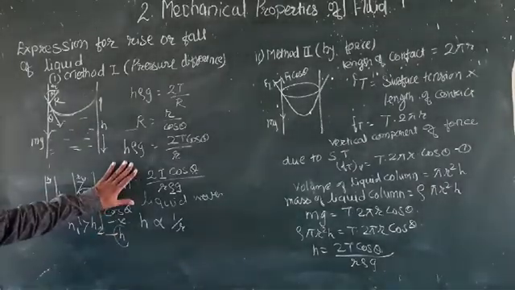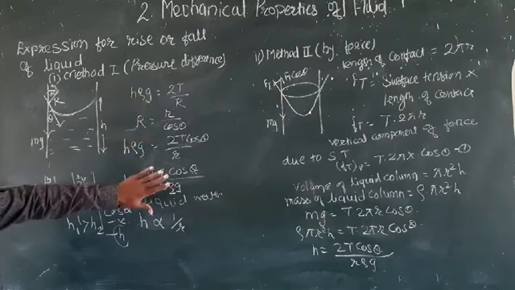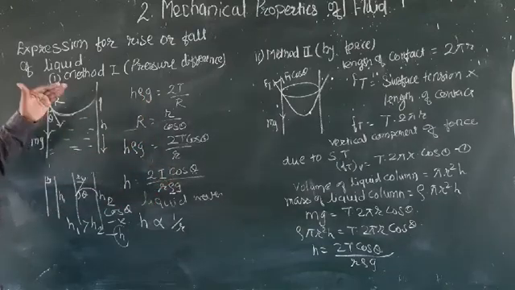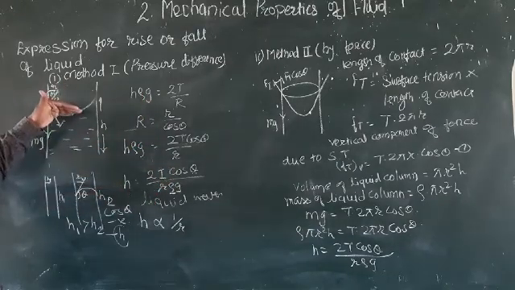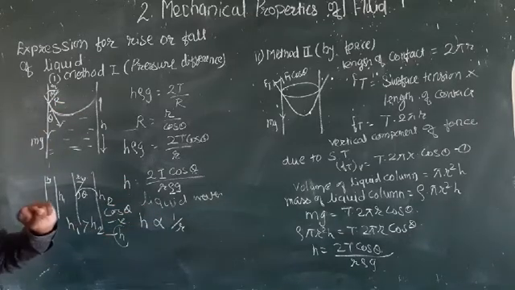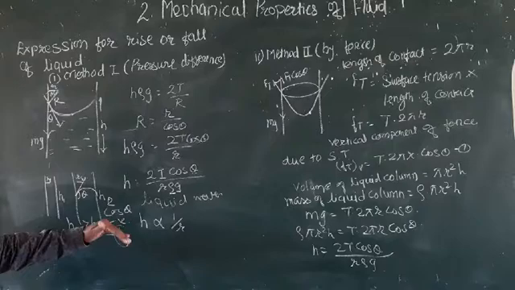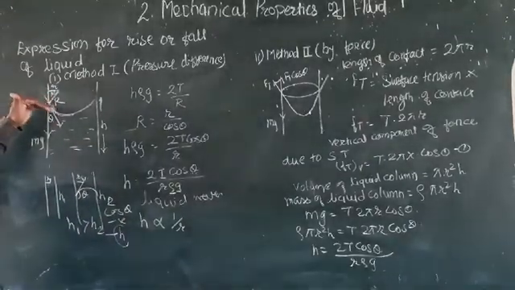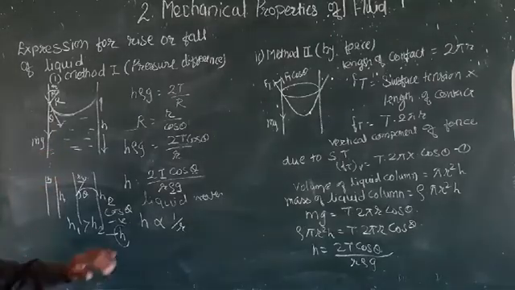This formula is used for both liquids, a liquid which is forming the concave shape and a liquid which is forming the convex shape. Also for the liquid for which the angle of contact is 0.